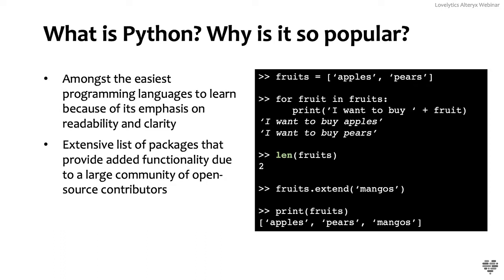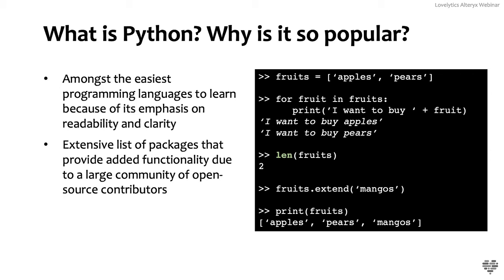We also have loops where we can iterate over the different parts of the list. We can call the length of the list, and that gives us a number. We can also extend a list, and here we add mangoes to the list of fruits. A lot of these are fairly simple.